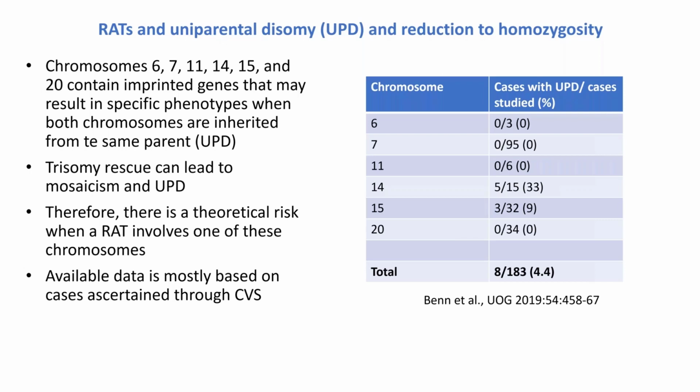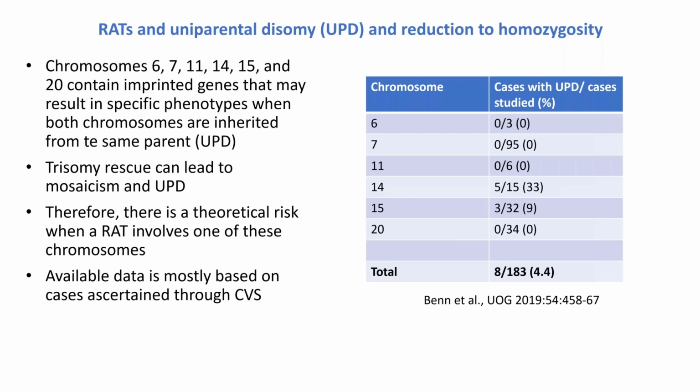The basic idea here is that you start out with a trisomic pregnancy. You've got 2 chromosomes from one parent, usually the mother, 1 chromosome from the other parent, the father, and then you lose a chromosome. In theory, 1/3 of the time, that could be that paternal chromosome, and now you're left with 2 copies from the mother, and that's then referred to as a uniparental disomy.